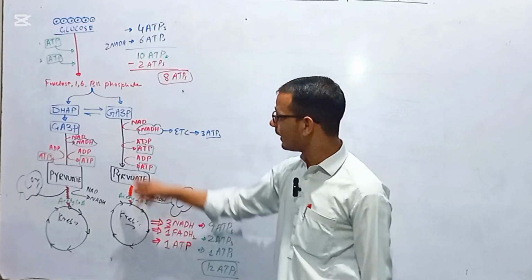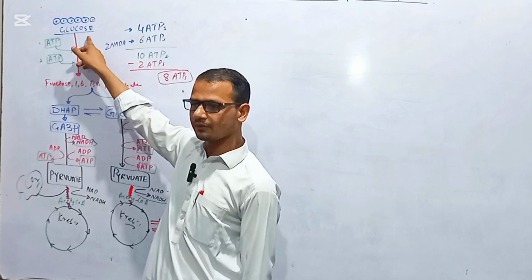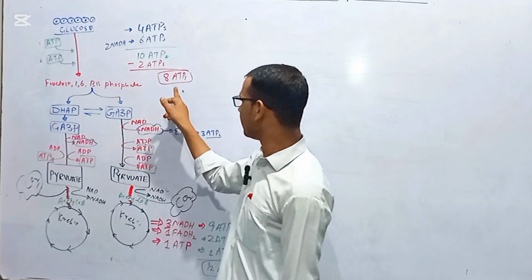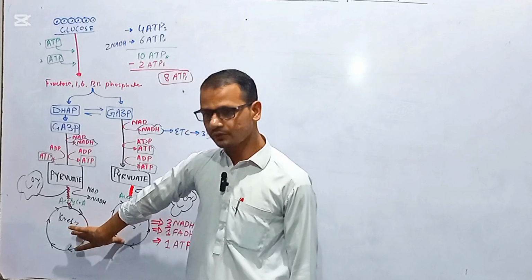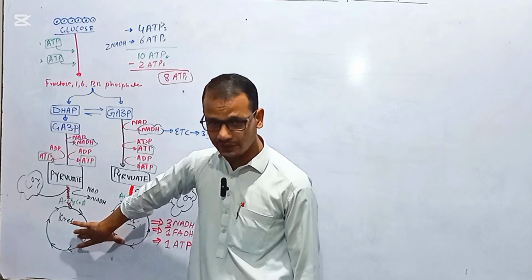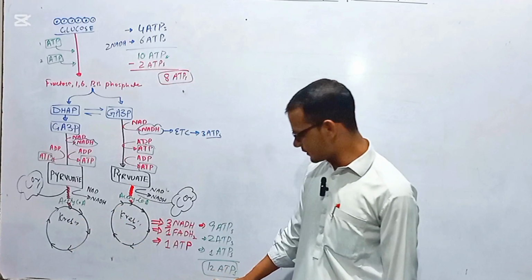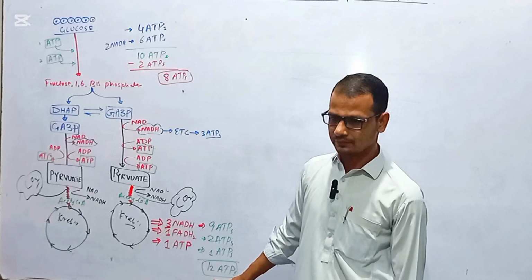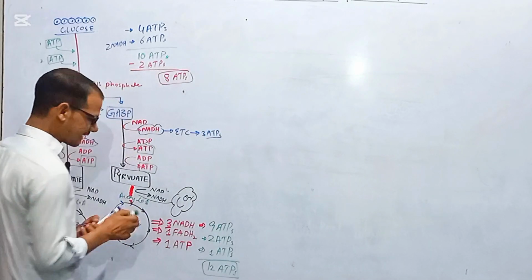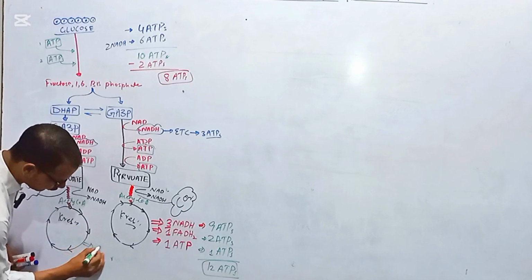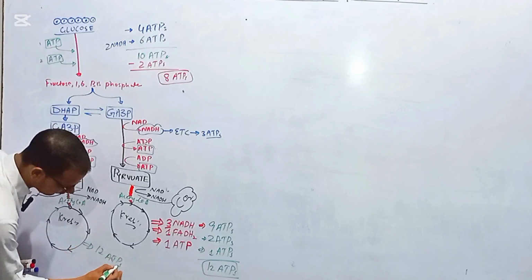If they are asking about full glucose, the net ATP will be 38. If they are asking about 2 Krebs cycles for 1 glucose molecule, this energy will be 24, because from this Krebs cycle also 12 ATPs are formed.